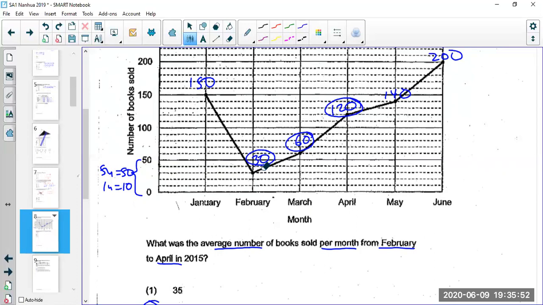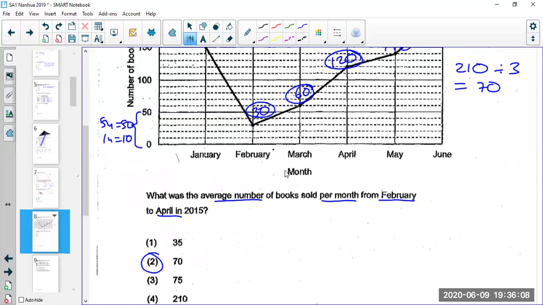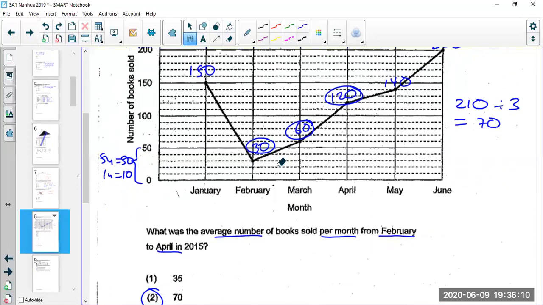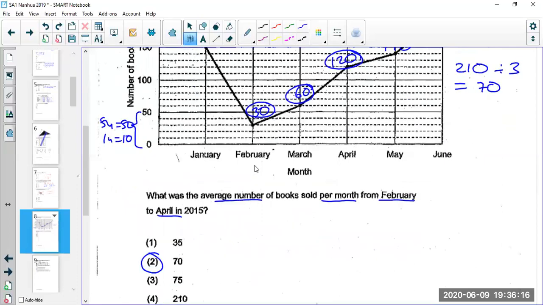So you take 30 plus 60 plus 120, add them together, that will be 210. Then you divide by 3, because to find average you must divide, and you get 70. The average number is 70. The lesson here can be very easy, but it is also easy to make mistakes if you don't read carefully. If you add all the numbers, then it's wrong.